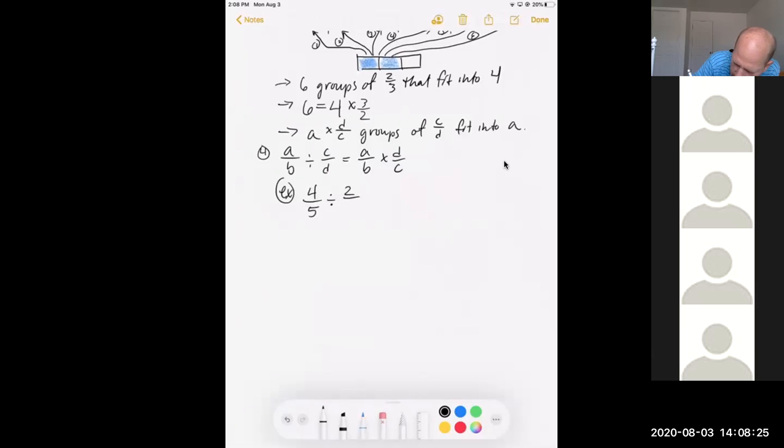I'm using the same kind of numbers, but they're adjusting slightly each time. So that means how many groups of 2/3 fit into 4/5?